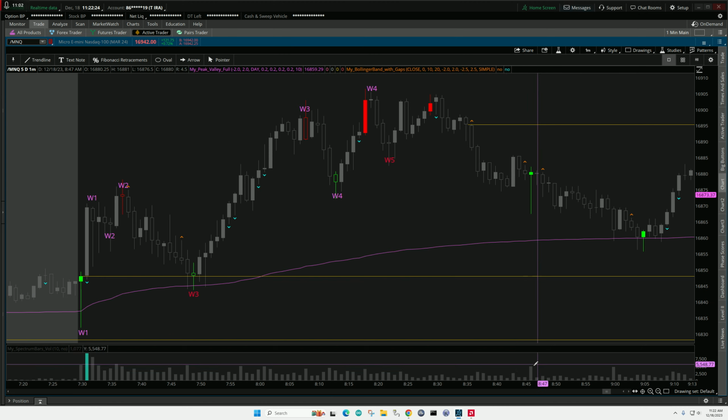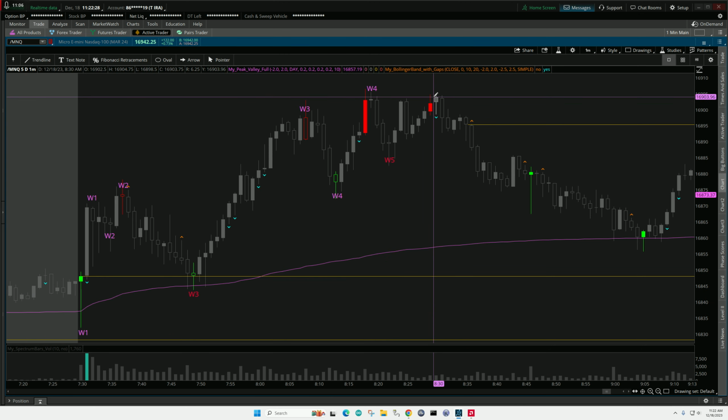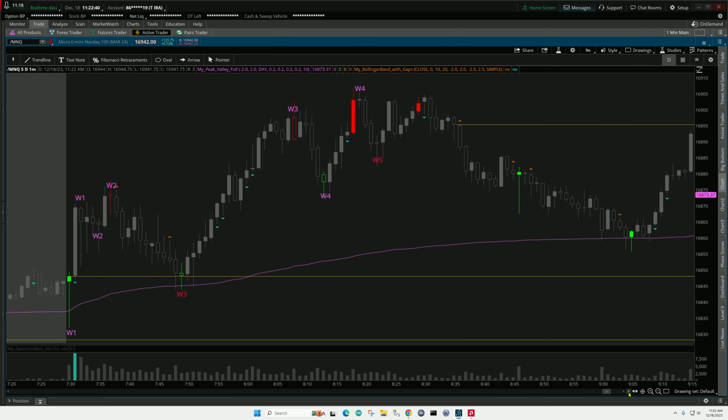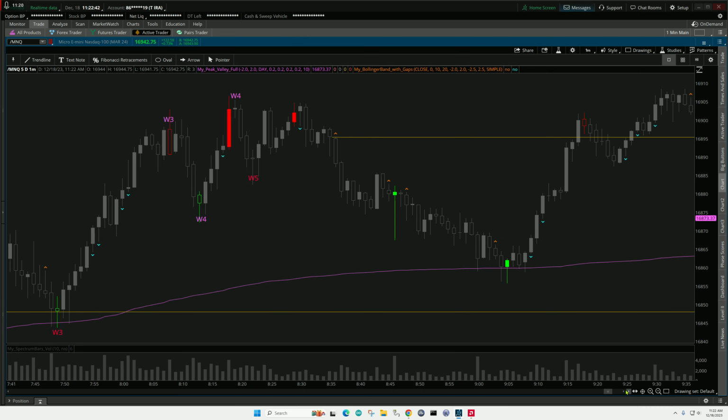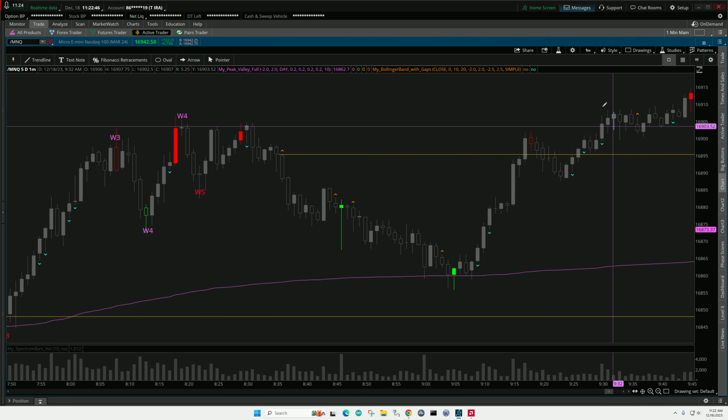Okay, and then what we're looking for is candle bodies over this wave 4, or just a large wick. Doesn't even have to be large, just something over this wave 4 body to conclude wave 5. And right in here, scroll a little bit further to the right. This is wave 5.